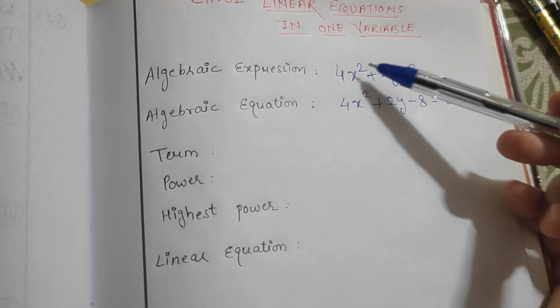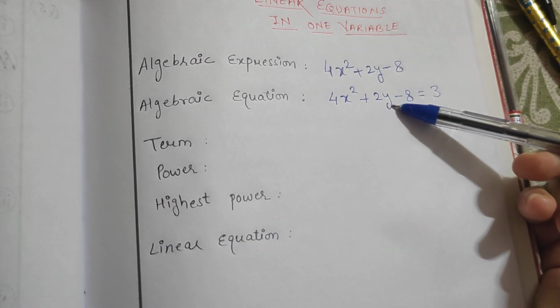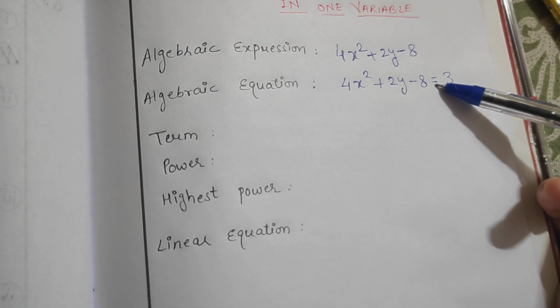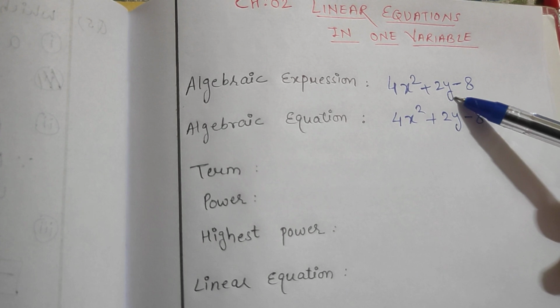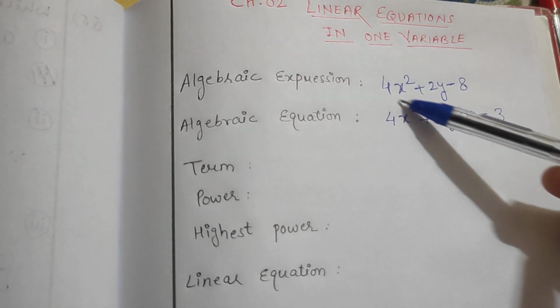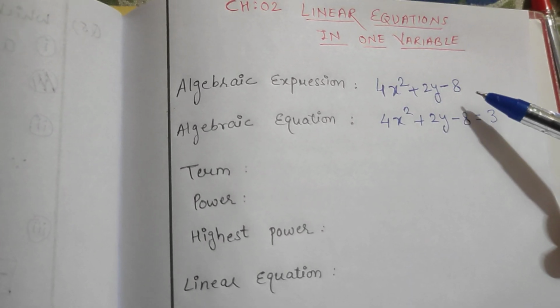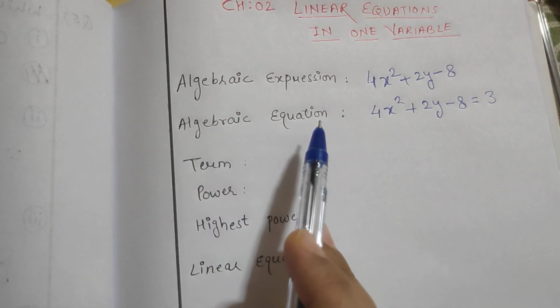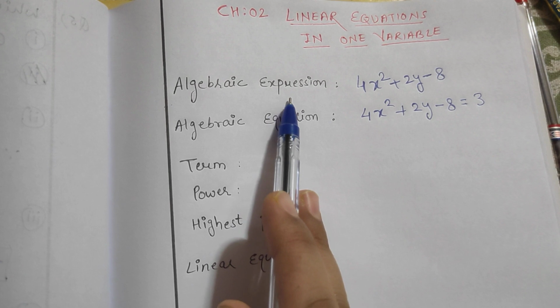So the basic difference between an algebraic expression and an equation is that in case of an algebraic equation you will find the sign of equality, whereas an algebraic expression is just like a phrase. There is no is equal to sign. So this is all about algebraic equation and expression.